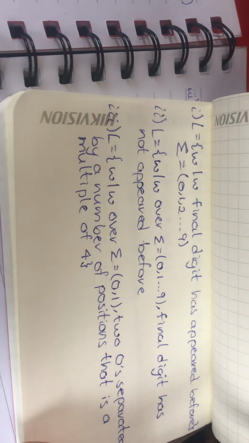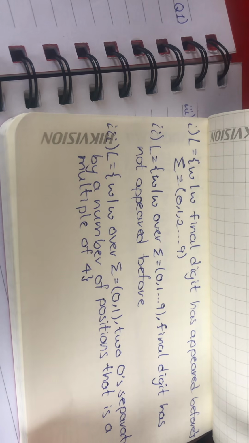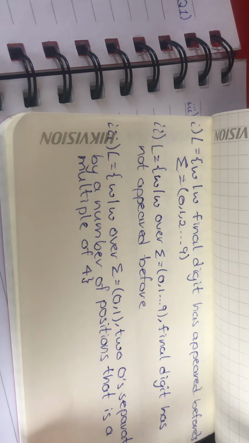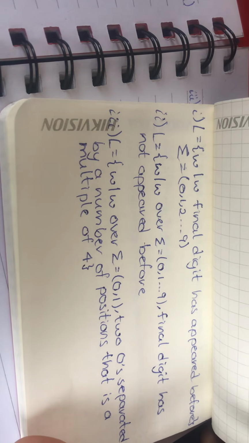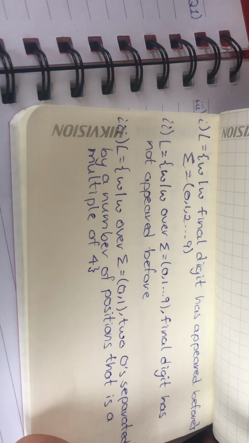Okay, last one. The language is the set of strings over the alphabet 0, 1 that have 2 zeros separated by a number of positions that is a multiple of 4.